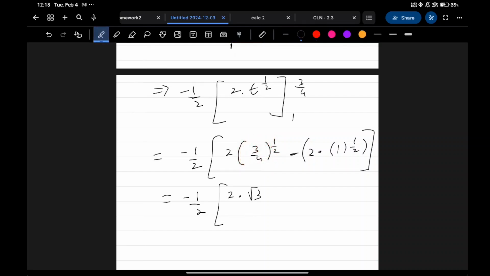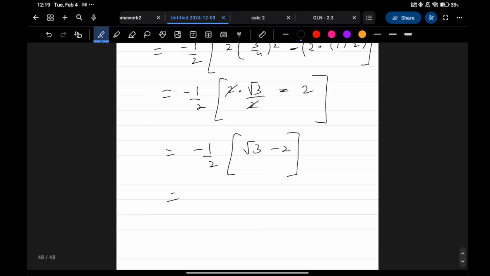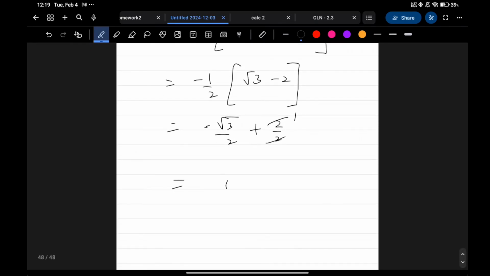Square root of 4 is 2, so I can write that as 2 minus 2. This becomes negative 1 over 2. The 2 and 2 cancel out, becomes root 3 minus 2. And now if I open this up, this gets distributed over here and over here. This becomes negative root 3 over 2 plus 2 over 2, which comes to 1 over here, and all I get in the end is 1 minus root 3 over 2.